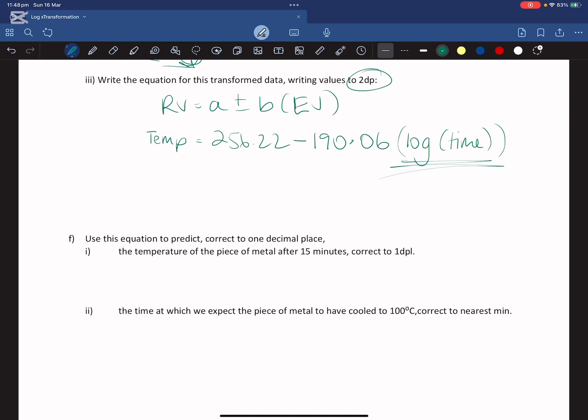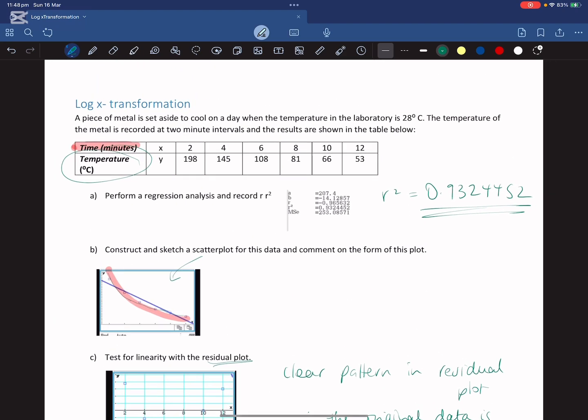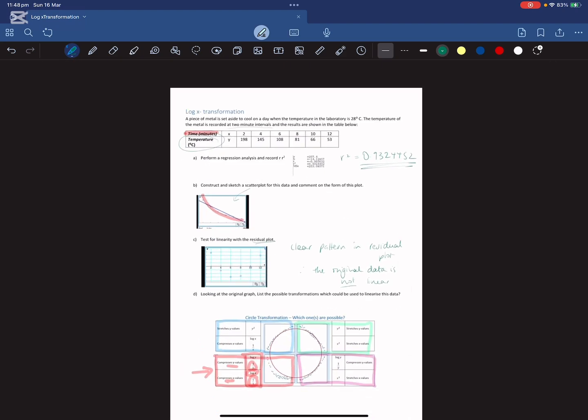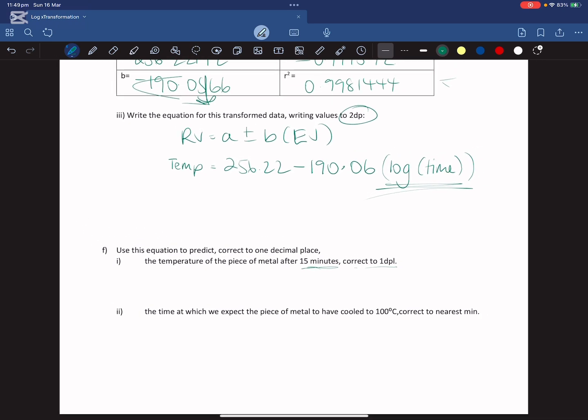All right, use this equation to predict the temperature of a piece of metal after 15 minutes, correct to 1 decimal place. Were we reading this in minutes? Yeah, cool. All right. So 15 minutes. So remember we've got the temp is equal to 256.22 minus 190.06 log of time.